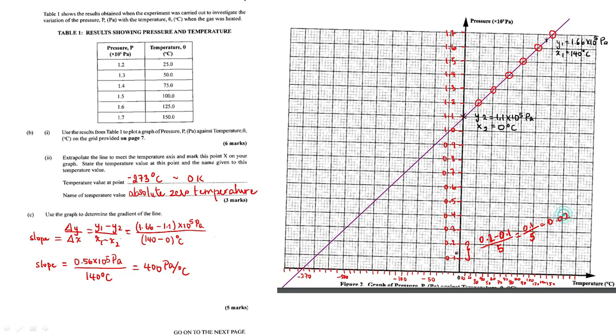Okay, so that's how you work it out. Each space is 0.02. So this would be 0.12, 0.14, 0.16, and then 0.18, then 0.2. That's how you know you're going correct.